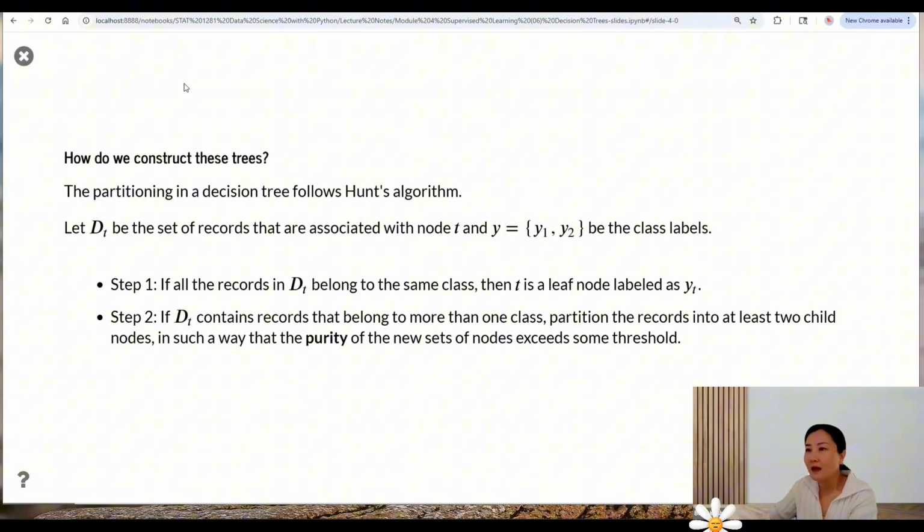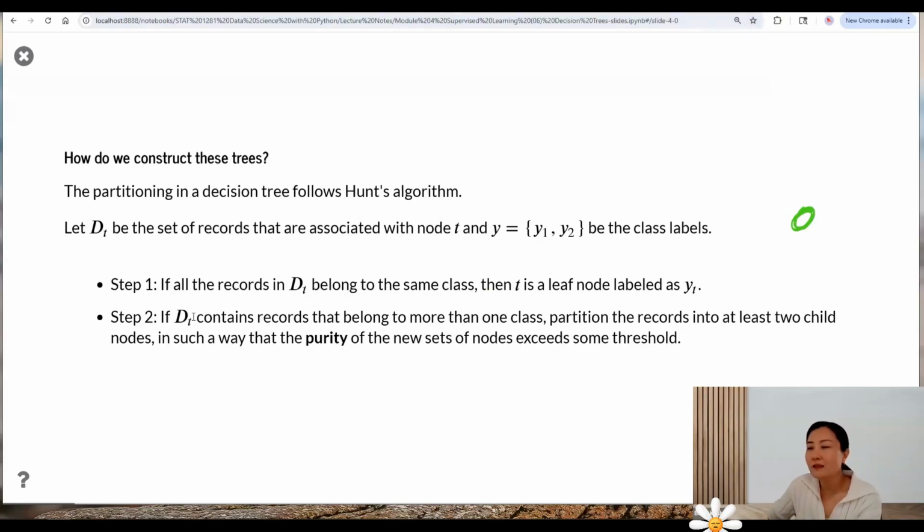Step 1: if all of the records in Dt belong to the same class, namely it is completely pure, then t is a leaf node labeled yt. For example, if all of them share the same class label 0, then we can use 0 to label node t.